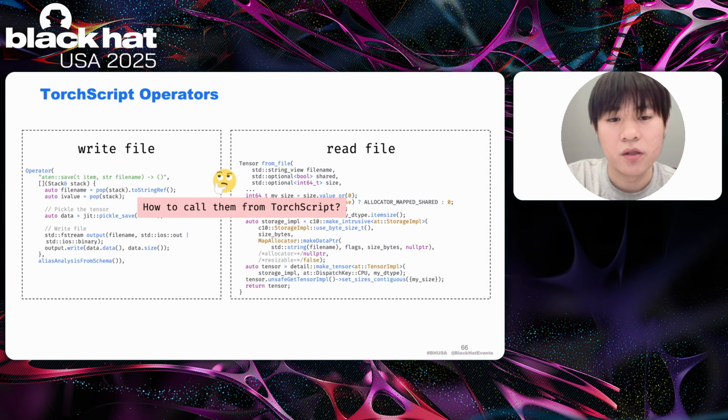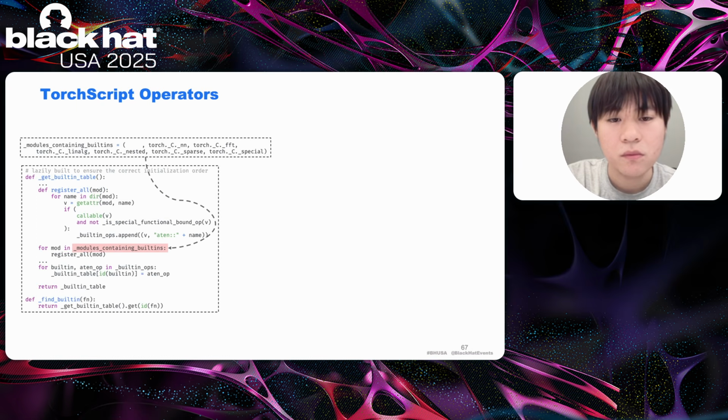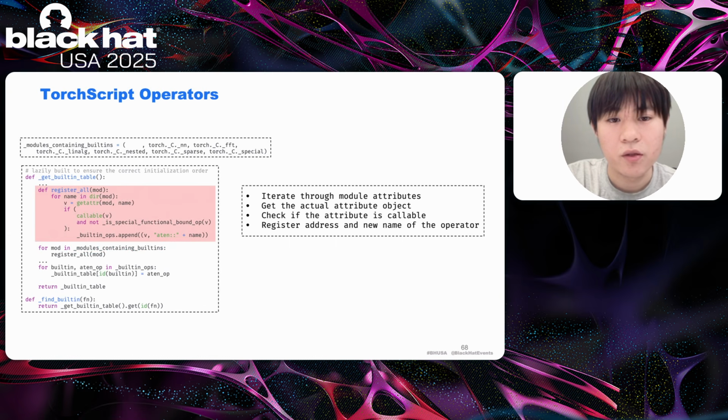But there is still a problem: how to call them from TorchScript. To get the answer, we need to first understand the operator registration process. The get builtin table function registers some object member functions to builtin ops. And during this process, it also adds a prefix to the member functions for renaming. Finally, the addresses of these functions and their modified names will be placed into a builtin table.